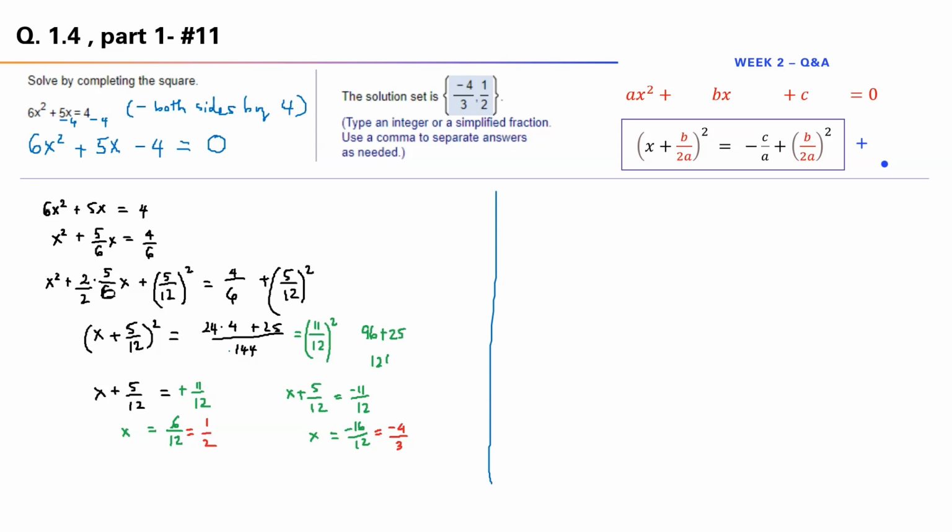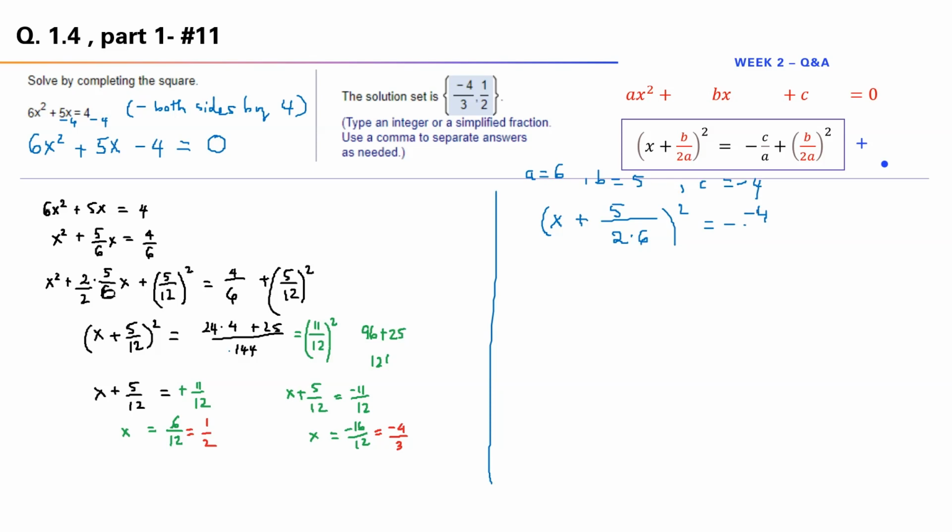Okay, now we can have A equal 6, B equal 5, C equal negative 4. x plus 5 over 2 times 6 squared equal minus negative 4.